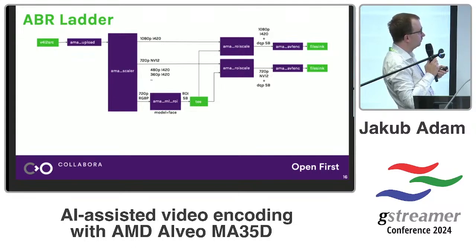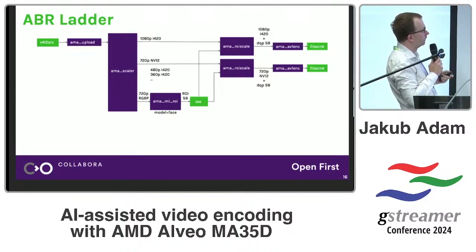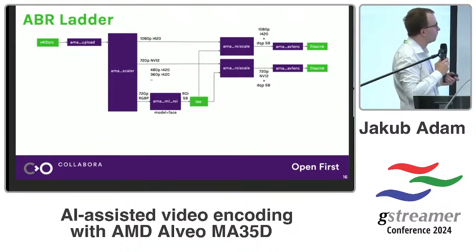And after this, you can produce several resolutions, and you will have just one input to the ML ROI, and every resolution that you want to create will need its own ROI scale, and so you will use the scaler element to feed both of them, and then it works as previously. Conversion to the QP sideband data and encoding. You can save it to file or stream it through WebRTC, whatnot.